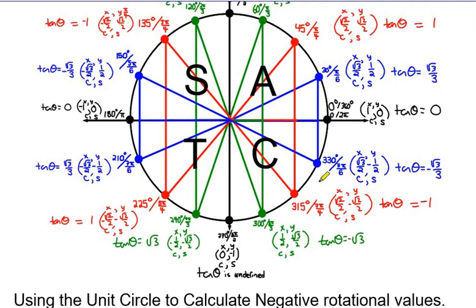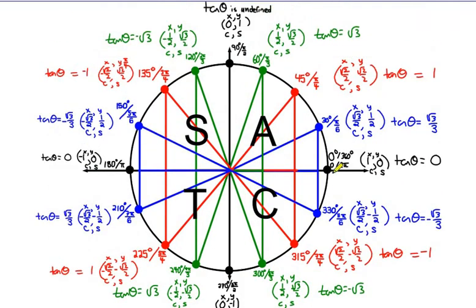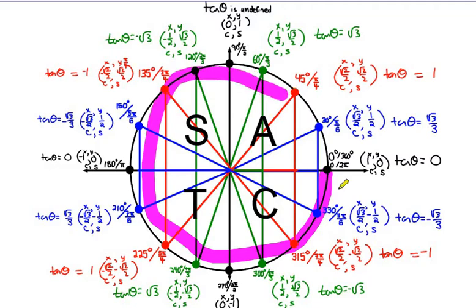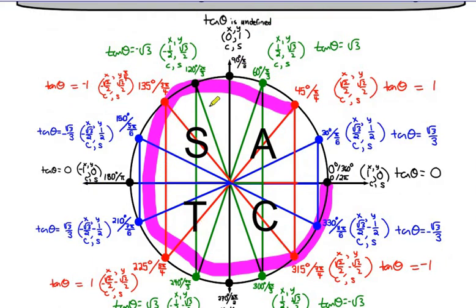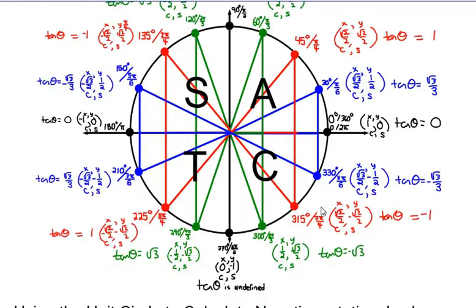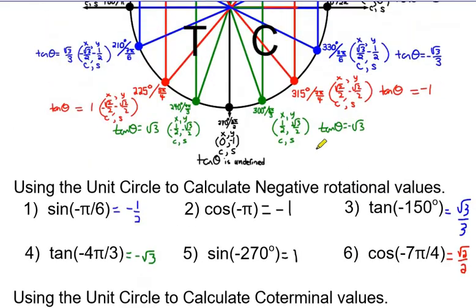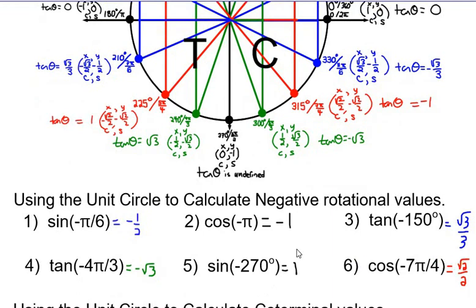So if I start here, at the origin, and I go back, this is actually referring to going to here. And so the value for cosine at negative 7 pi over 4 is root 2 over 2. That was in quadrant 1, so you know that that would be positive.